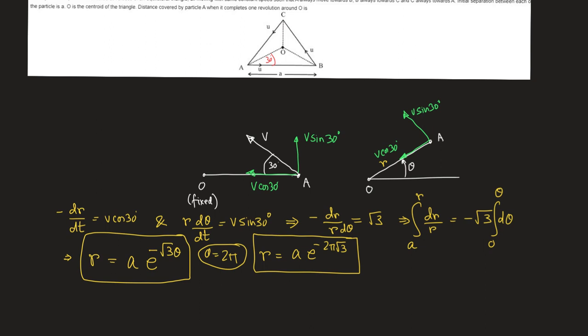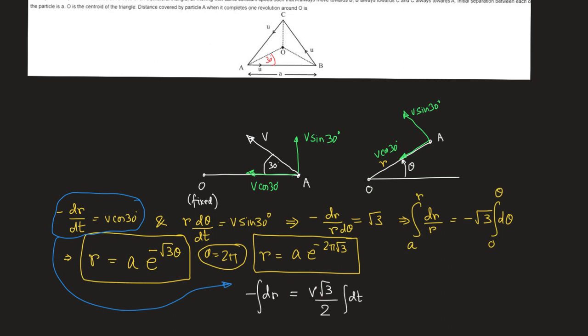Now from the first equation, this is the minus dr/dt equation, from here minus dr is equal to V, or here it is U, so I have written it as V, no problem. So V root 3 by 2 times dt.